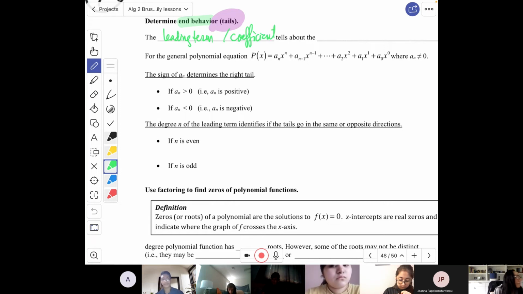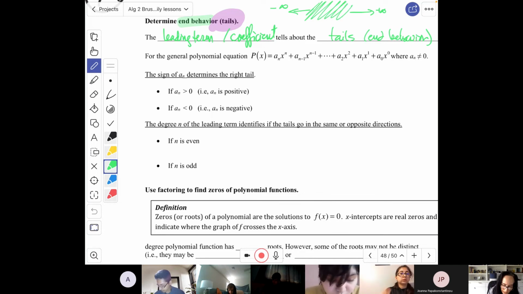That is going to tell me a lot about the tails, the end behavior. And again, the end behavior is what's happening as I go to positive infinity in the graph and as I go to negative infinity in the graph. Not what's happening in the middle, but what do the ends, the tails of the graph, do?